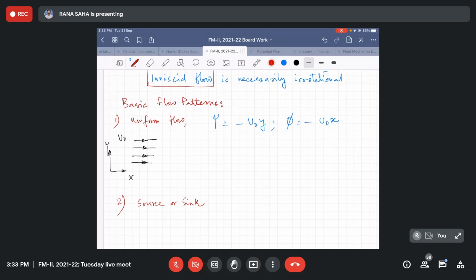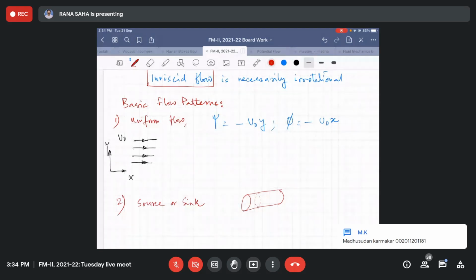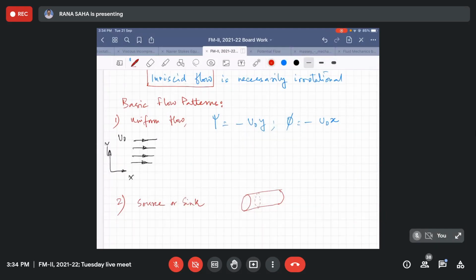That means if you are having, say, a closed cylinder within which you are having a pressurized fluid. Now, along this circumference, if you have small holes, and all are being pricked at the same time, then what will happen?